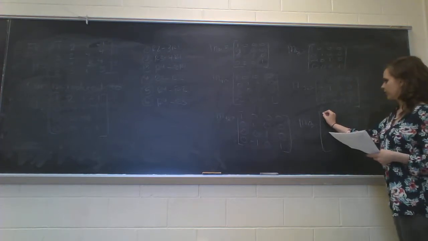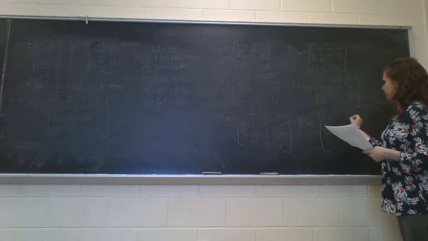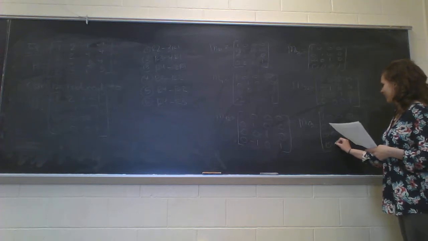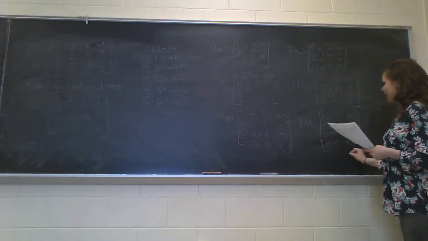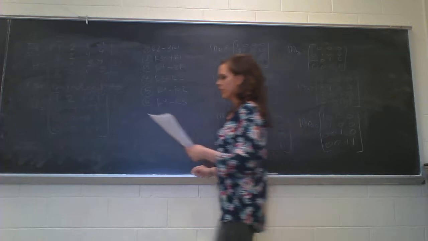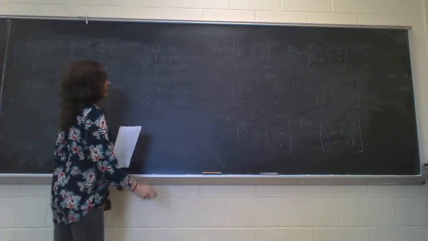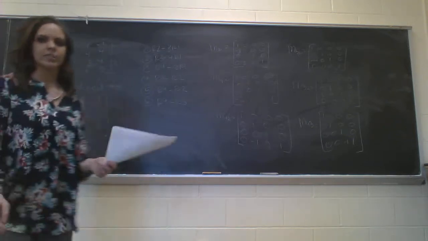So 1, 0, 0, 0, 0, 1, 0, 0, 0, negative 1, 1. Right. So those are all of our elementary row matrices, and when we apply them to A, we get U. We're going to have to go to the other board to finish this example.